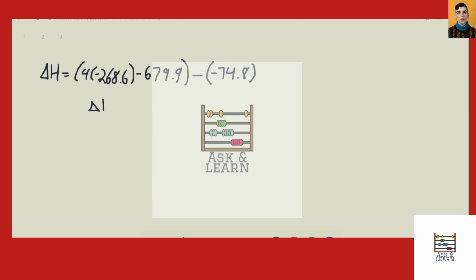So delta H is going to equal negative 1679.5 kilojoules per mole.